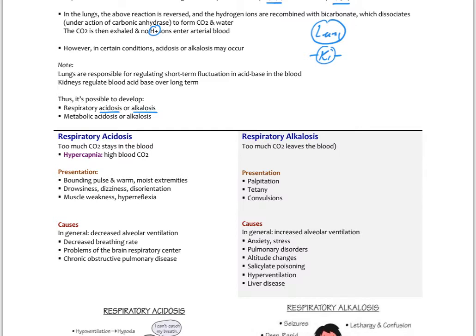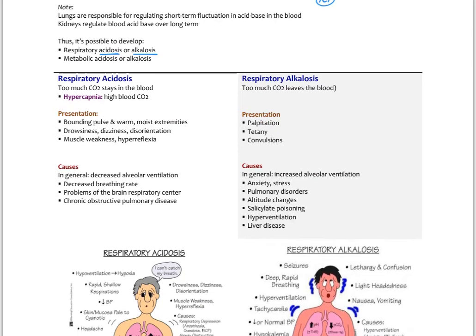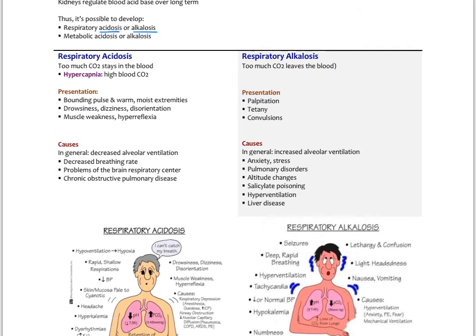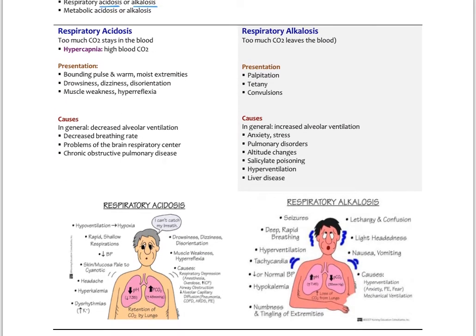But in terms of respiratory acidosis and alkalosis, in respiratory acidosis, too much carbon dioxide stays in the blood, and we get saturation of the CO2 in the blood, and that's called hypercapnia. And we often see a bounding pulse with warm, moist extremities, drowsiness, dizziness, disorientation, a lot of muscle weakness, hyperreflexia. In general, this is from a decreased alveolar ventilation.